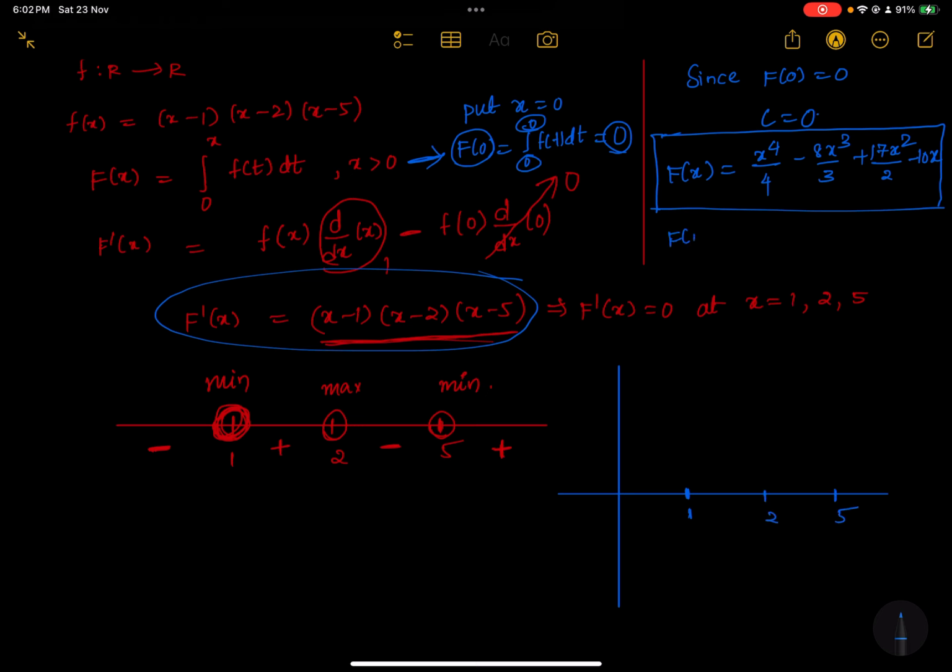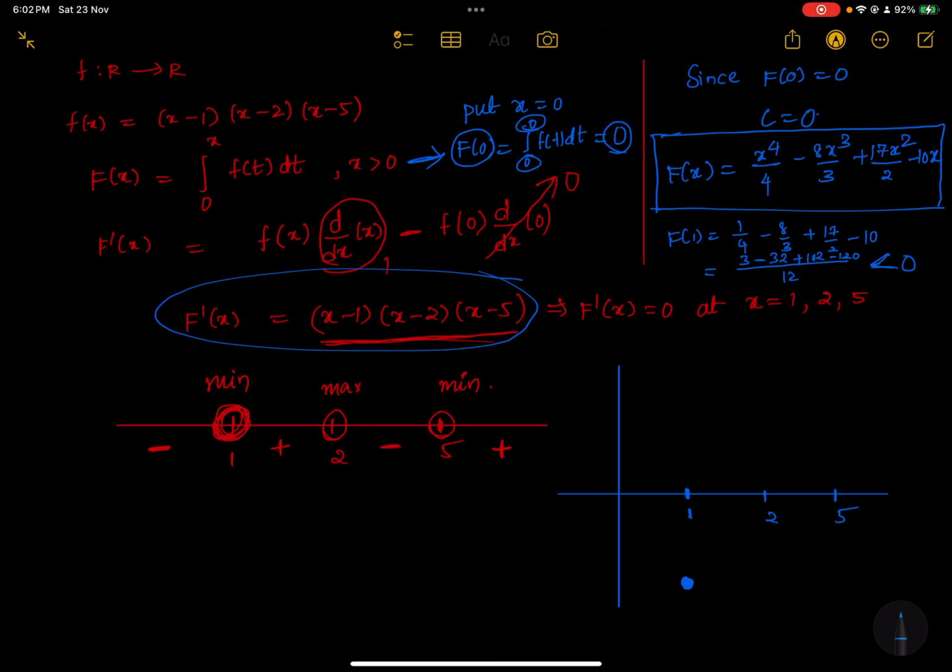F of 1 will be 1 by 4 minus 8 by 3 plus 17 by 2 minus 10, correct? So the LCM will be 12. So this will be 3 minus 32 plus 102 minus 120. So that will be 105 minus 152. So this is some negative quantity. So F of 1 is negative.